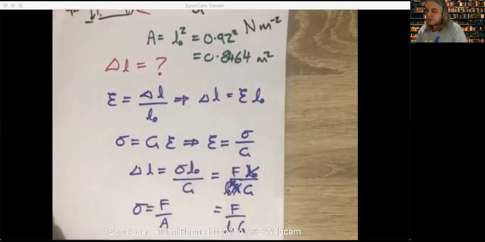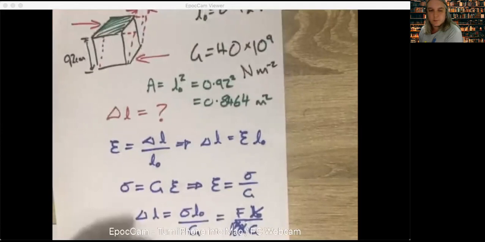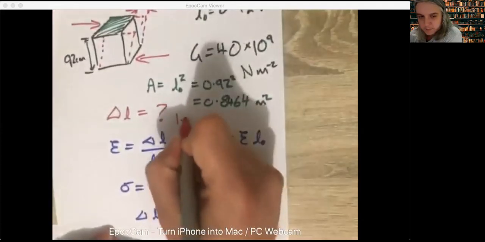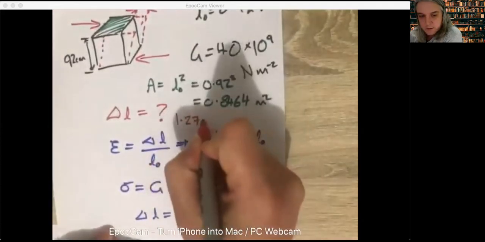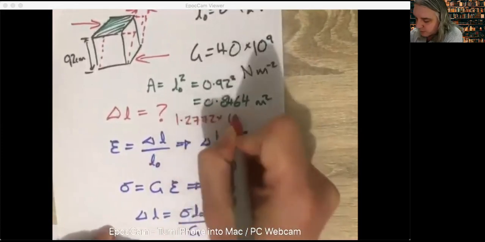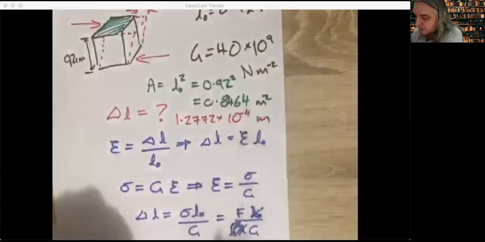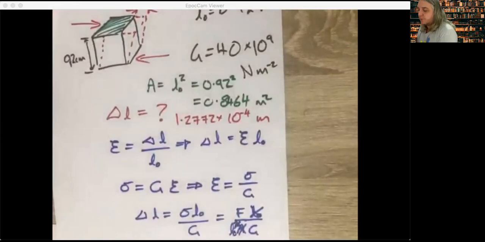If we plug in those numbers, then we find out that we get 1.2772 times 10 to the negative 4 meters as our change in length, which you would present as 1.3 times 10 to the negative 4, given everything was given to 2SF. So you could present that way.